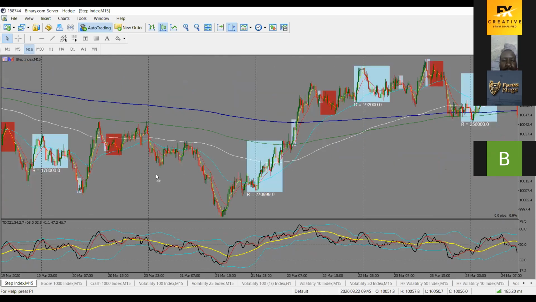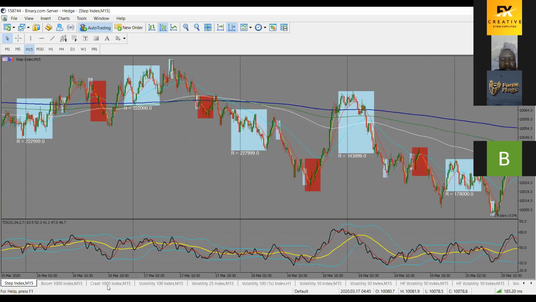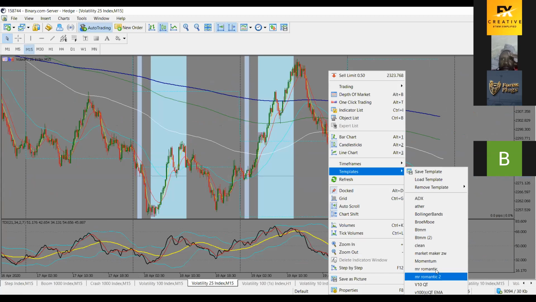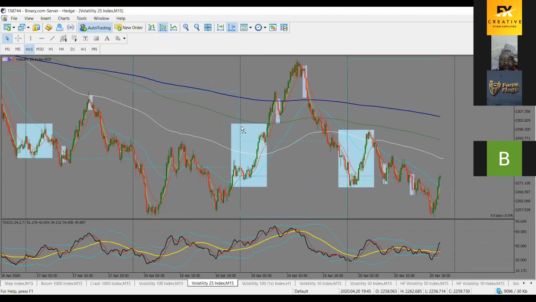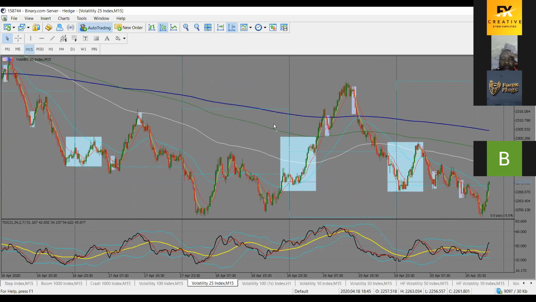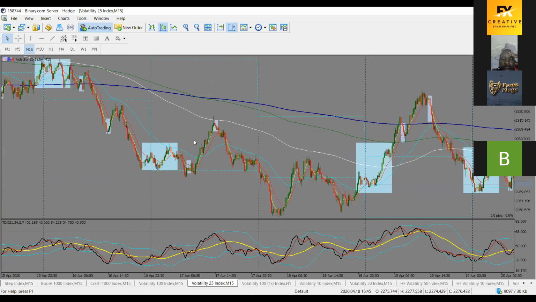Let me try to look on another pair. Maybe just try V25. I normally see it on V25. There you go.